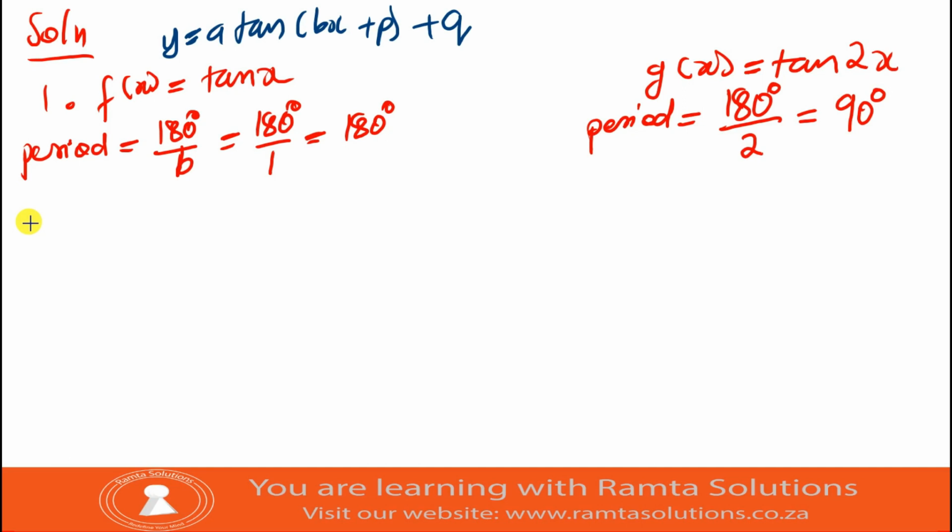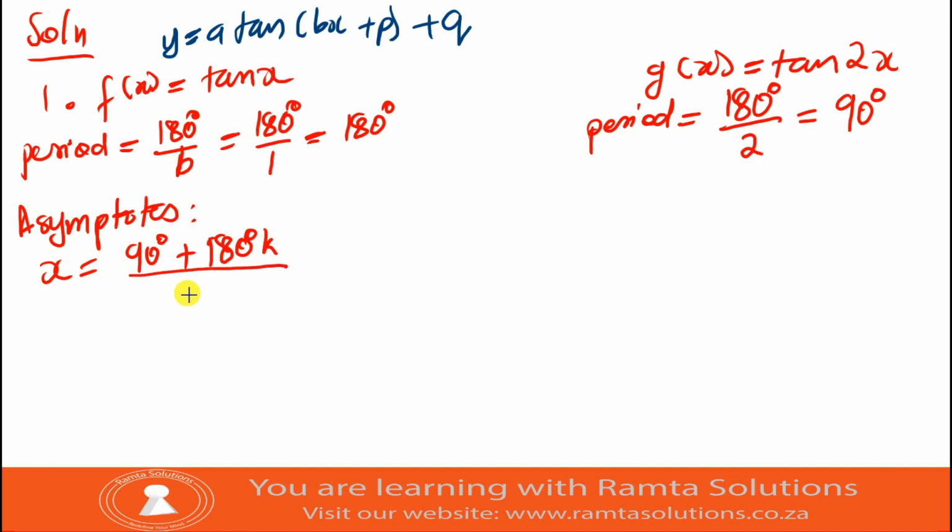To find asymptotes, the formula you are using is x equals 90 degrees plus 180 degrees k, all over b, where k is an element of the integers.